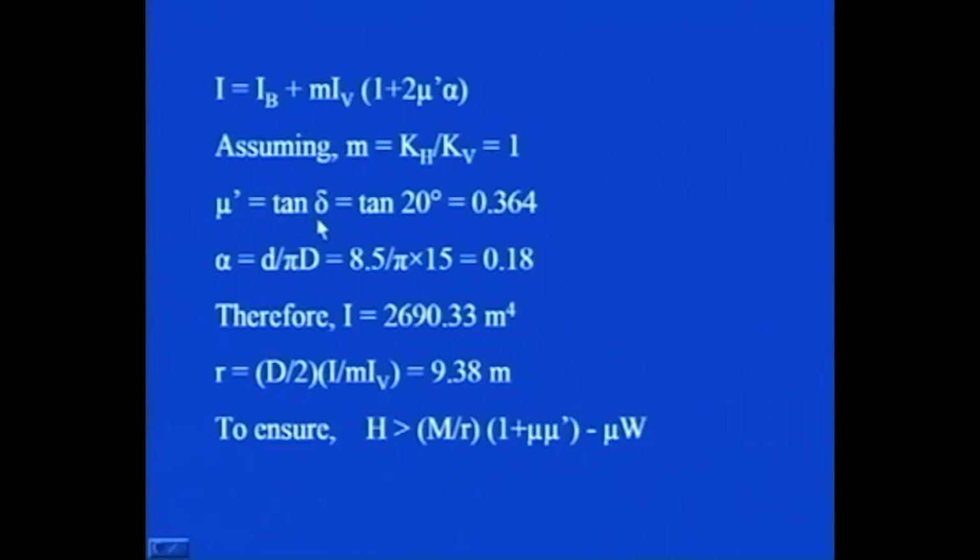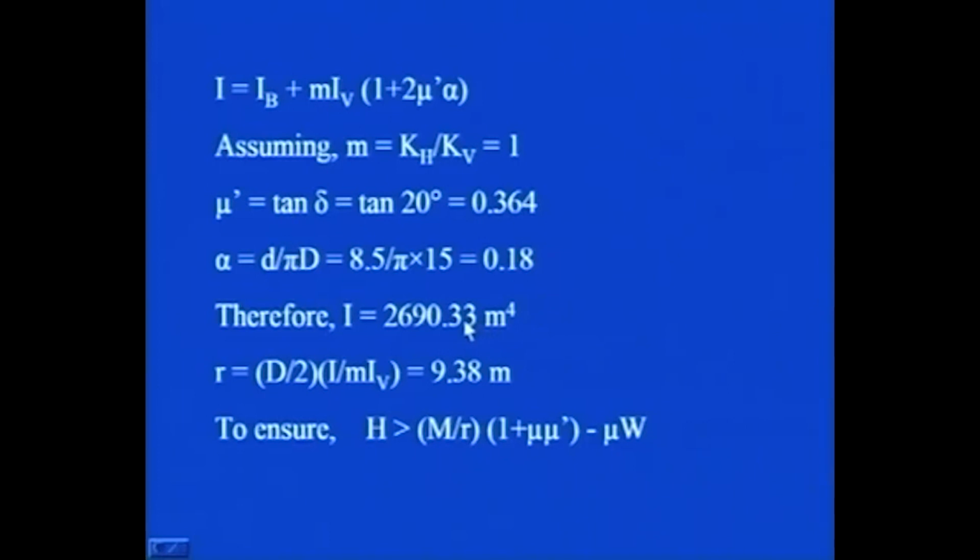Delta is given in this problem as 20 degree, so tan 20 degree will become 0.364. Then alpha is defined as d upon pi d, which is 8.5 upon pi into 15, and this results in a value of 0.18. Therefore, if you substitute all these values in this expression, you will get I equal to 2690.33 meter to the power 4.